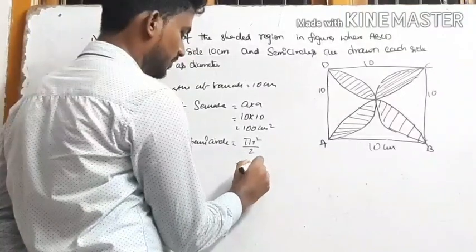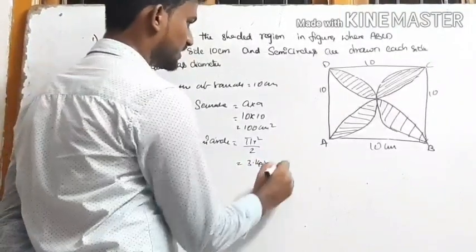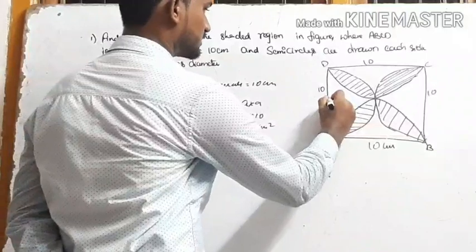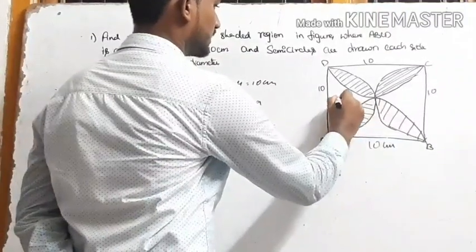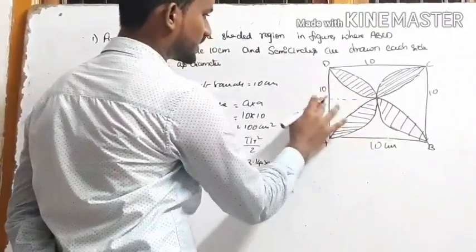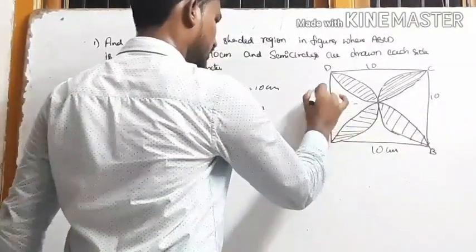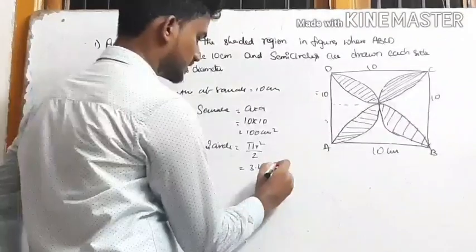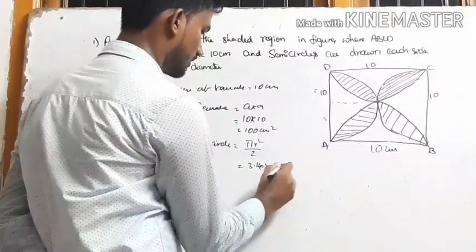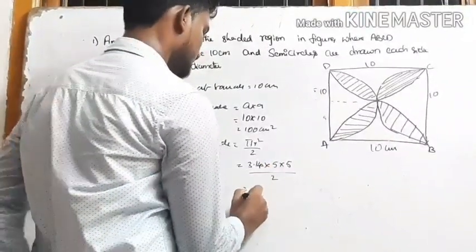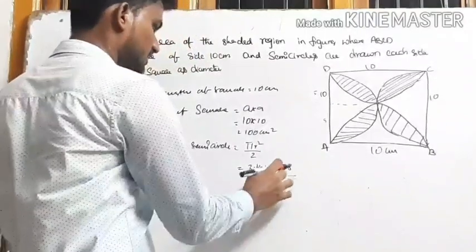Pi is 3.14, and r is half of this diameter. Total diameter is 10 centimeters, so r is 5 centimeters. R is 5, so 5 into 5 by 2.